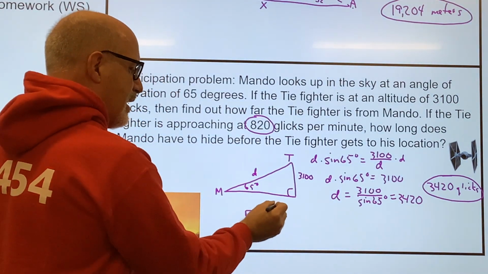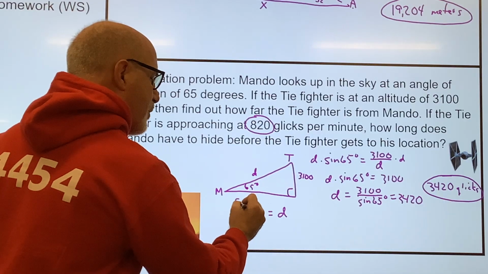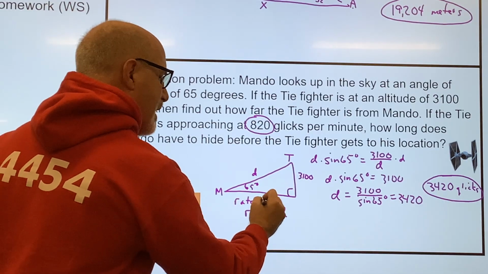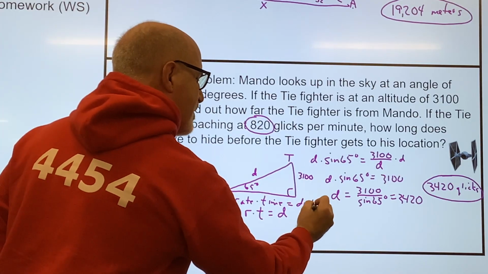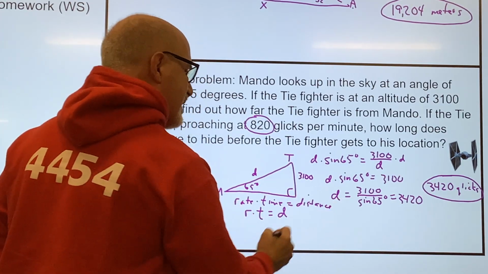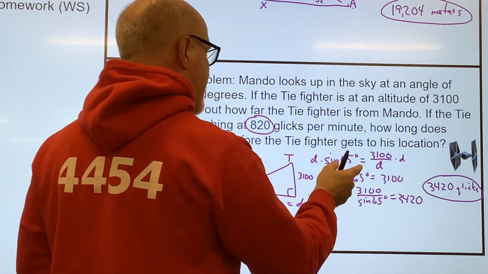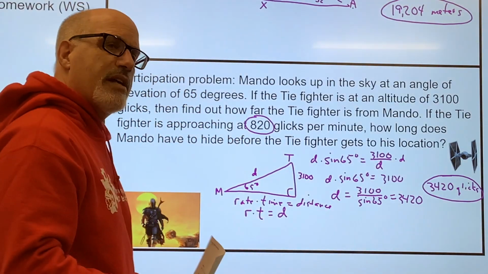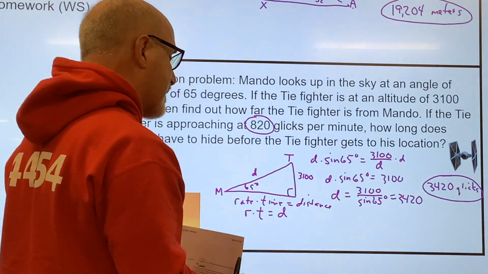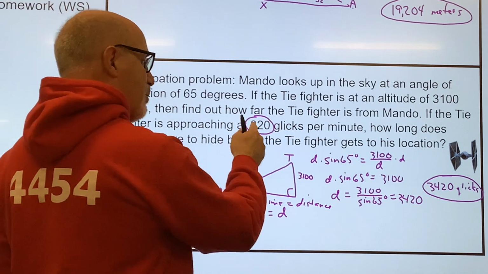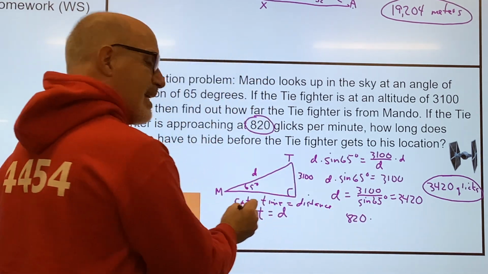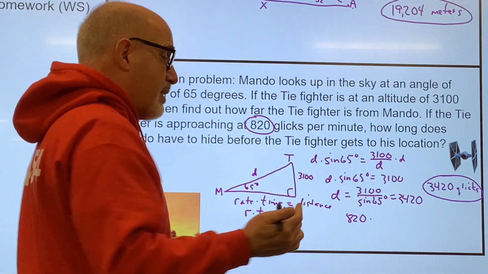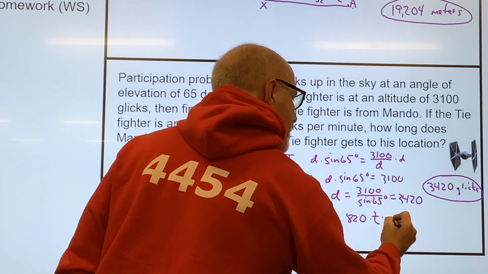R times T equals D. I'm just going to write out the words, rate times time equals distance. In this case, the distance that we have is 3,420 glics. So we take the rate, which is 820, times the time, which we don't know, that's what we're trying to solve for, equals 3,420 glics.